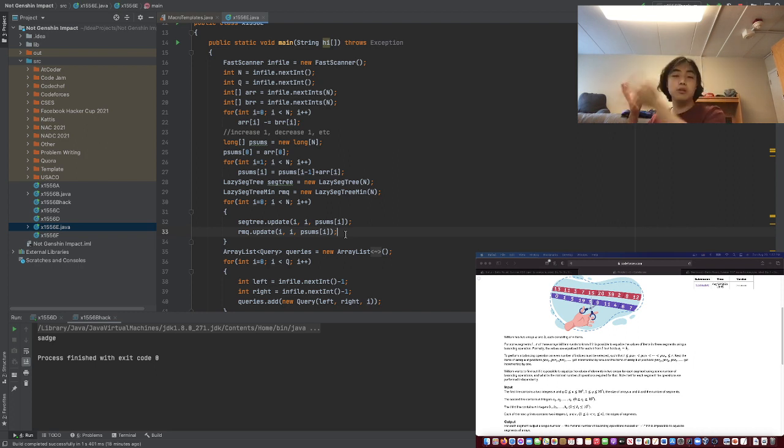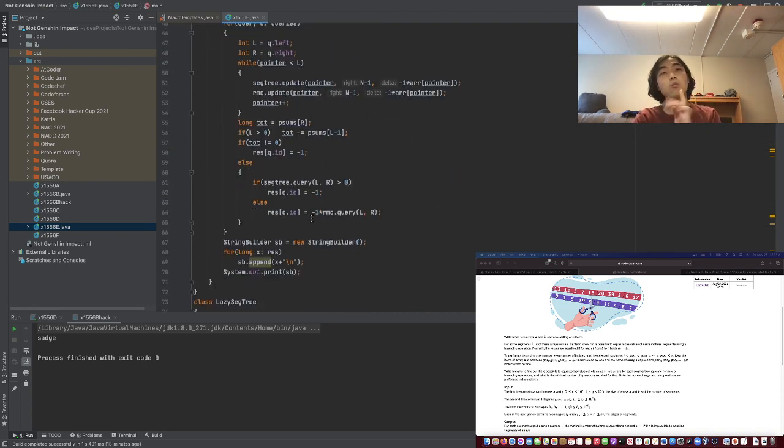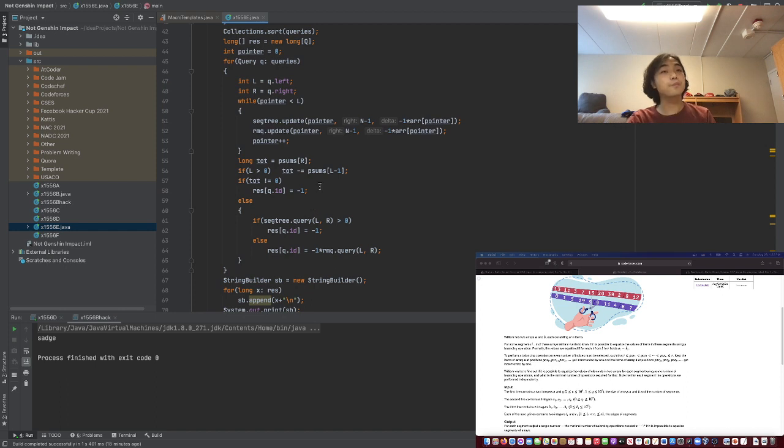Like +1, -1, +1, -1. No matter how many times you do that, it's all going to add up to 0. So since the sum stays the same, and our goal is to get all zeros, if the sum of a subarray is not 0 to begin with, then it's never possible to make all these numbers 0.